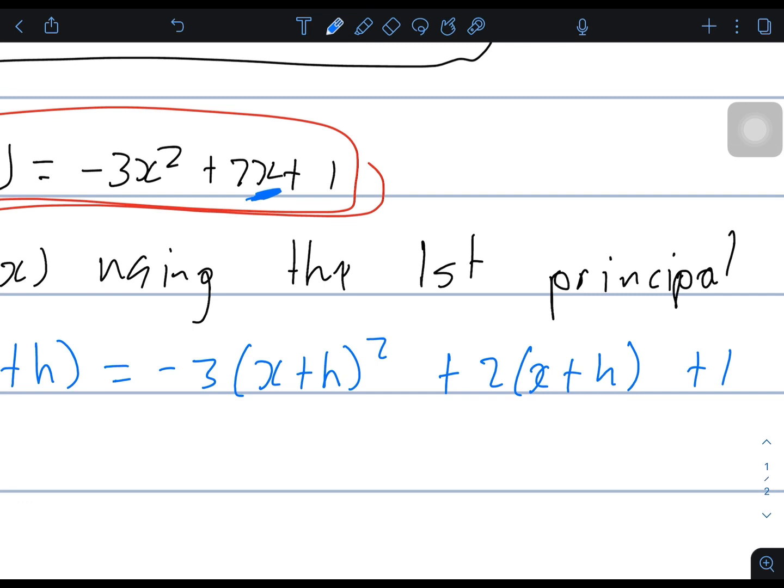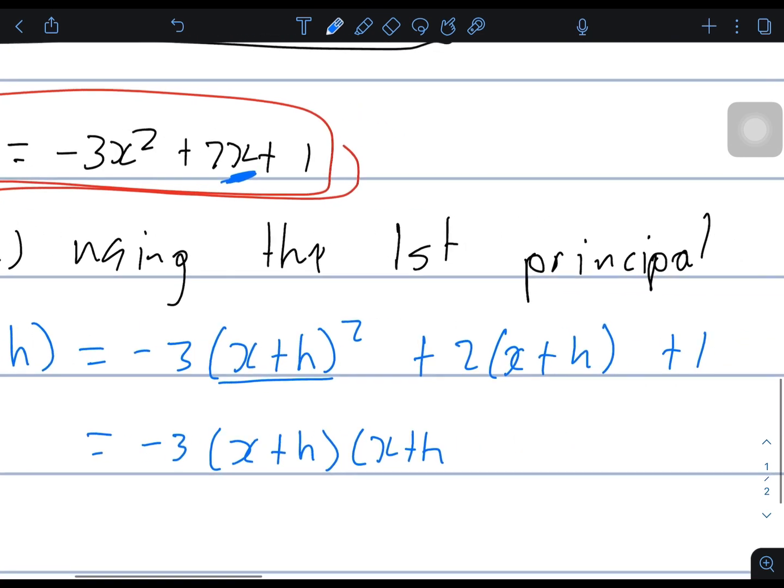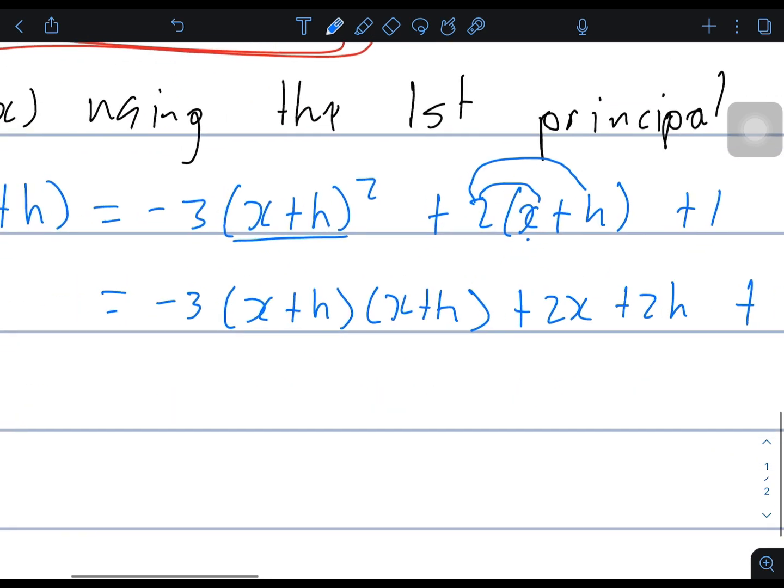Then the best thing is to simplify this f of x plus h. So negative 3, and we make two brackets for the square, and 2 times x is 2x, and 2 times h is plus 2h plus 1.